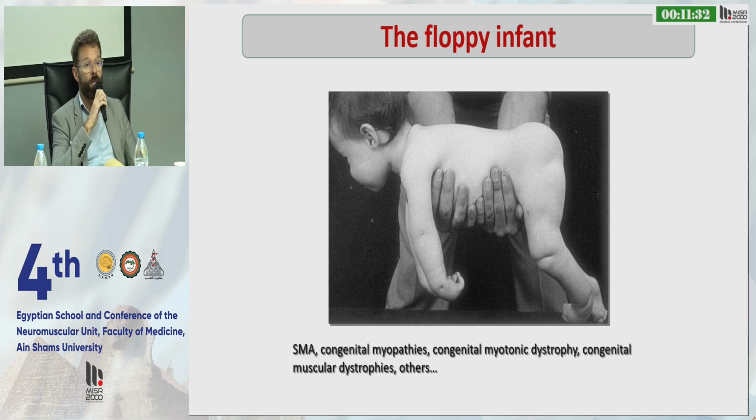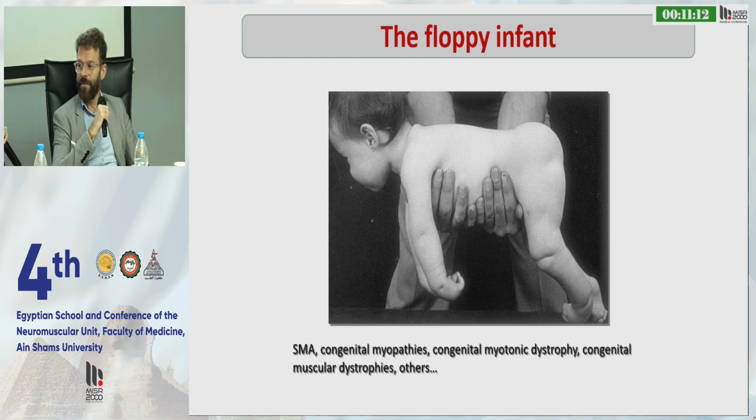And when you have a floppy baby, you have, of course, a lot of differential diagnoses: SMA, congenital myopathies, congenital myotonic dystrophy. So always examine the mother, or the father, to see if they have a myotonic phenomenon.